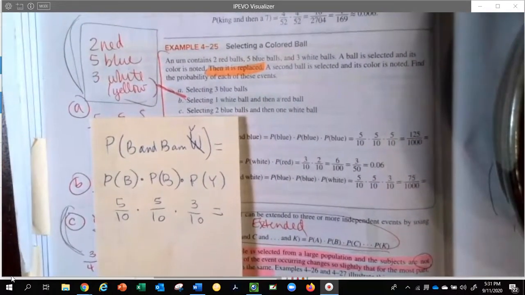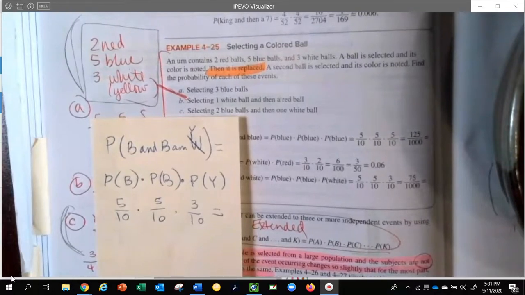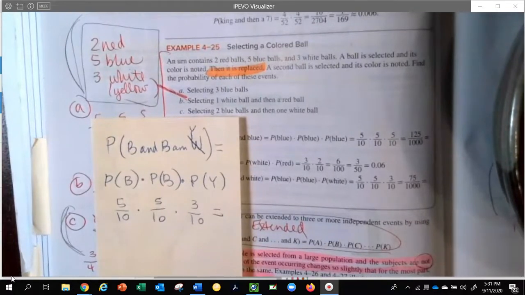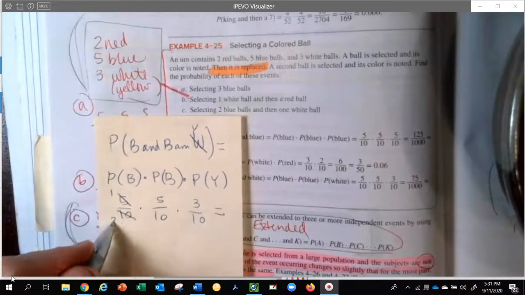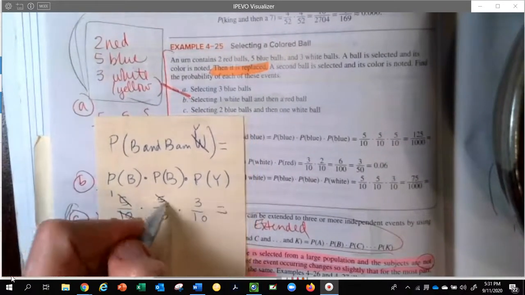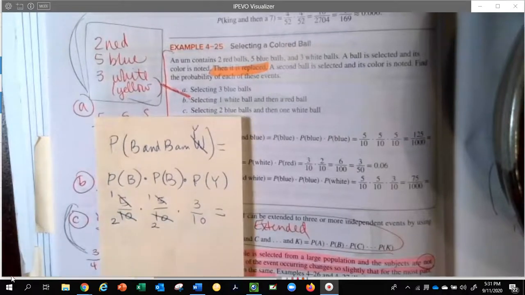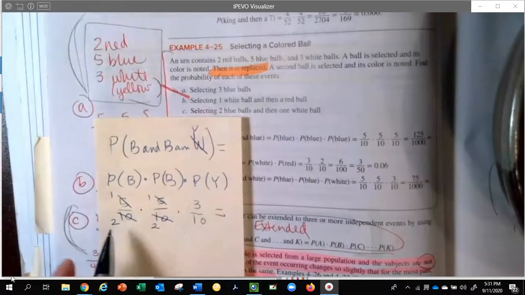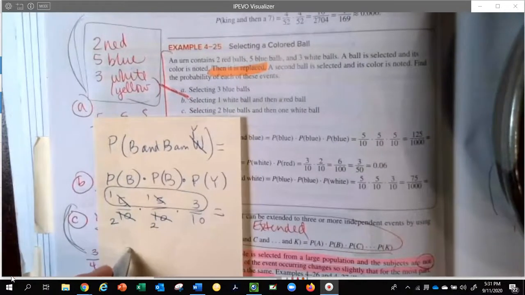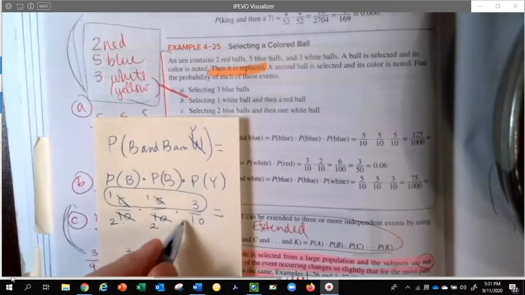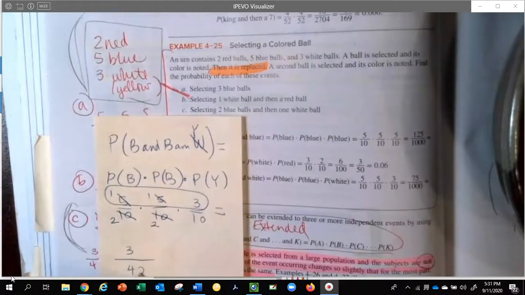All I've got to do now is start multiplying or reducing. I prefer to be lazy and reduce. In other words, 5 goes into 5 once, 5 goes into 10 twice, 5 goes into 5 once, 5 goes into 10 twice. No more of my numerator will go into my denominators. And so 1 times 1 times 3 is 3. 2 times 2 is 4 times 10 is 40.